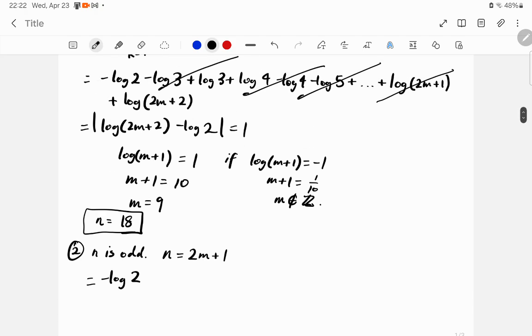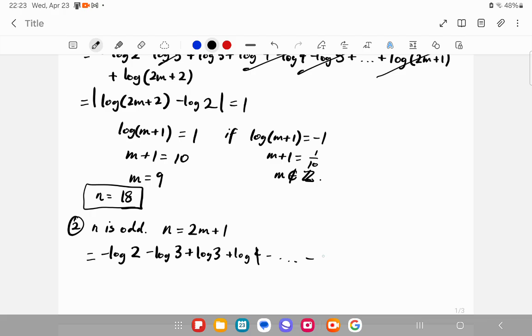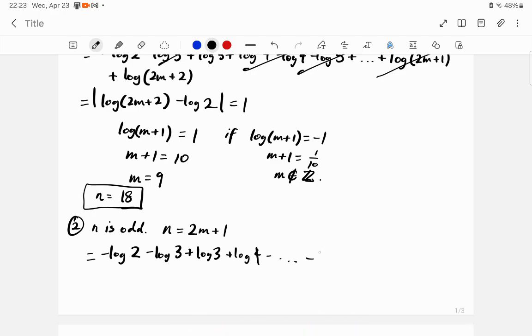Okay, so it's still going to be negative log 2 minus log 3 plus log 3 plus log 4 all the way to the last few terms. But since now n is odd, the last few terms are also going to start with a negative sign. So we're going to have minus log of 2m plus 1 plus 1, which is 2m plus 2, minus log of 2m plus 1 plus 2, which is 2m plus 3.